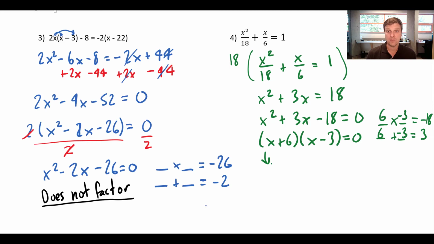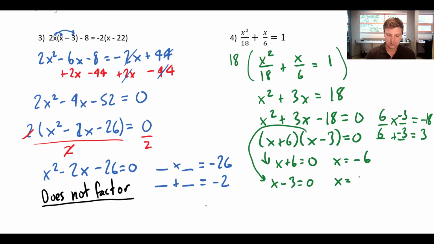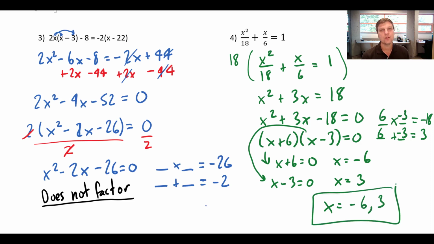So set this first binomial equal to 0, x plus 6 equals 0, so x equals negative 6. Set my second binomial to 0, x minus 3 equals 0, so x equals 3. And those are my two possibilities. So x can equal negative 6 and 3. Okay, so that's it for the second part of the factoring.